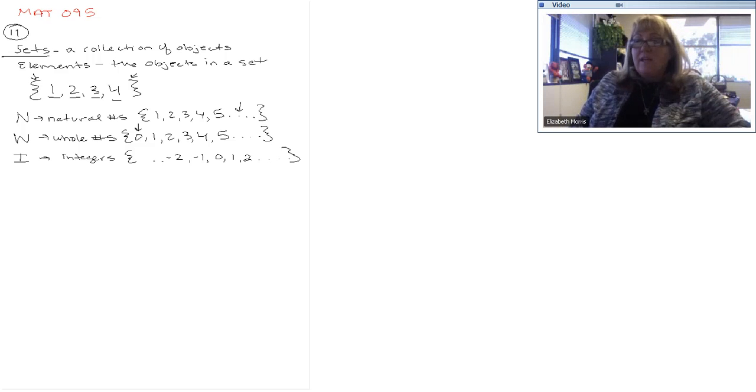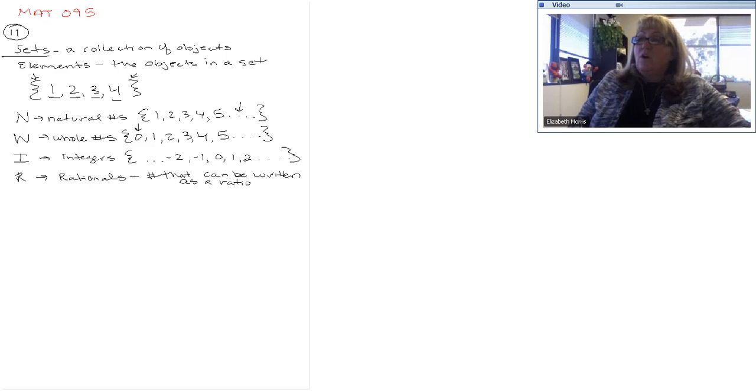Okay, then we get into rational numbers. And rational numbers, those are numbers that can be written as a ratio, or what you better know. What's the other word for ratio? Fraction, as a fraction, okay?